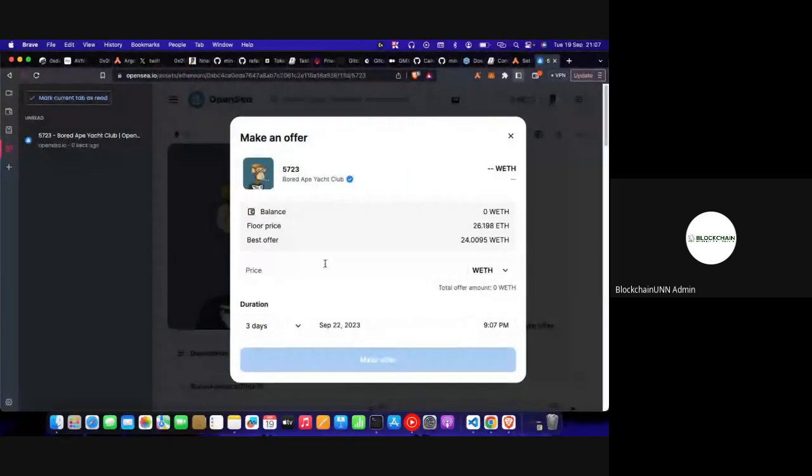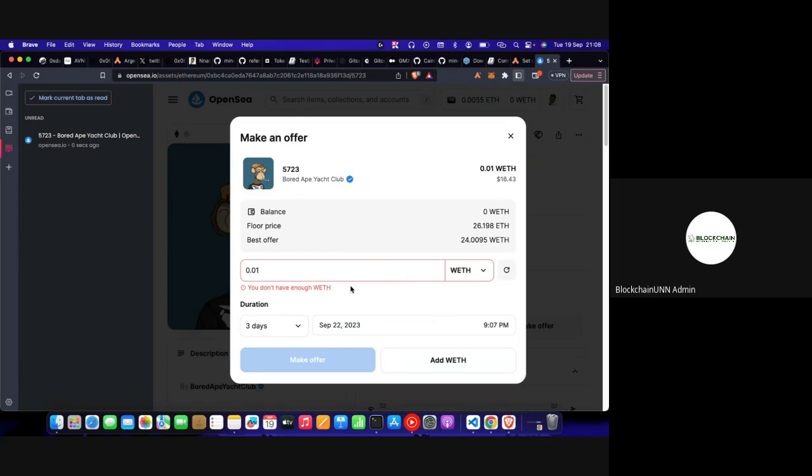Yep. So here's the floor price, and they give you a best offer, probably by doing a rough estimate of previous offers, right? So here's the best offer you could probably make for this particular NFT. But of course you can make whatever offer you want. You can decide to make an offer of 0.01.